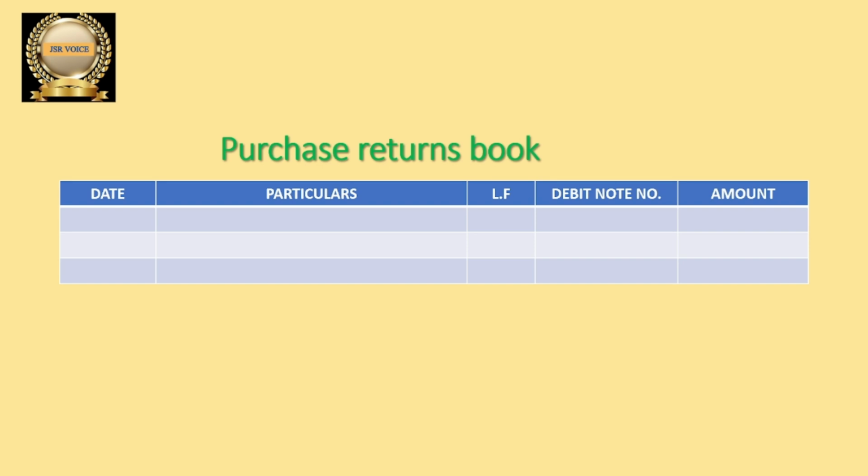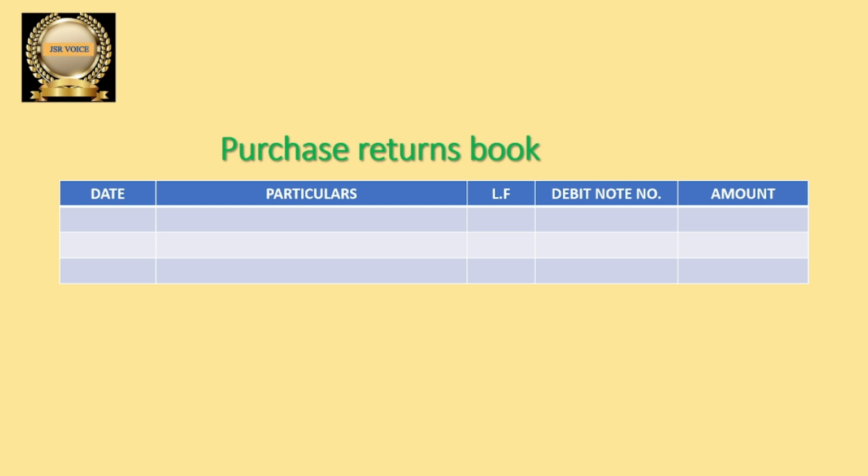The purchase returns book columns are also similar to those of the previous two books, except one column. Date, particulars, LF are all the same. Next column, debit note number. In the purchase book and sales book, the first two books, this column was invoice number.